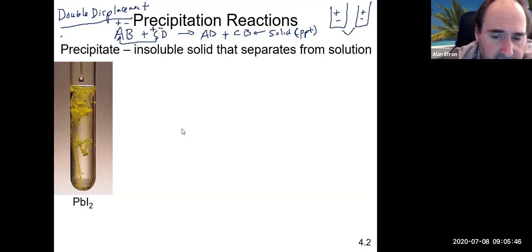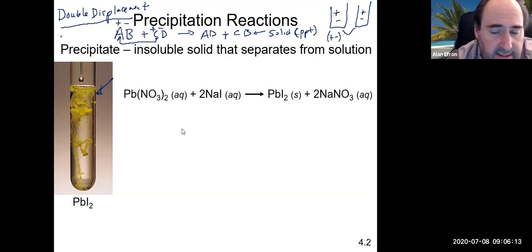When you mix them together, there is possibly a certain combination of a positive and negative ion that, when they come together, will make a precipitate, which is, you can see here, this yellow precipitate, lead iodide, that is formed. And again, that's a result of mixing two solutions that don't have precipitates, but when certain types of ions get together, they can form this solid.